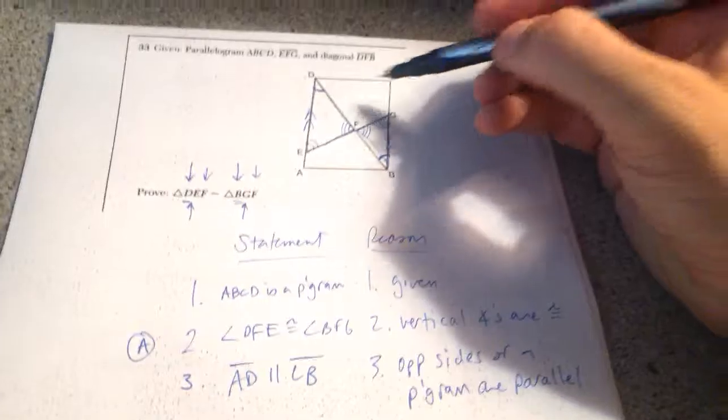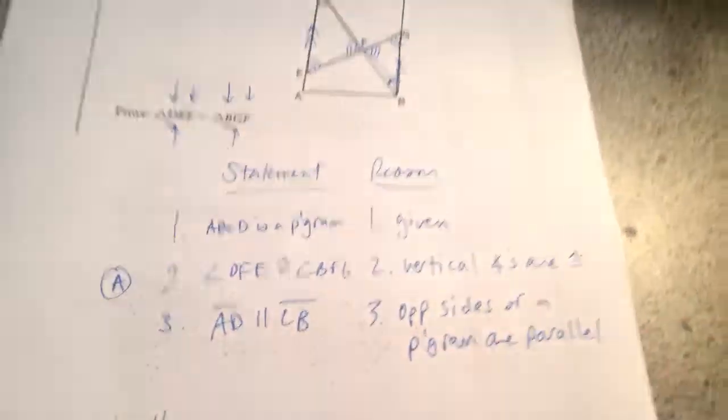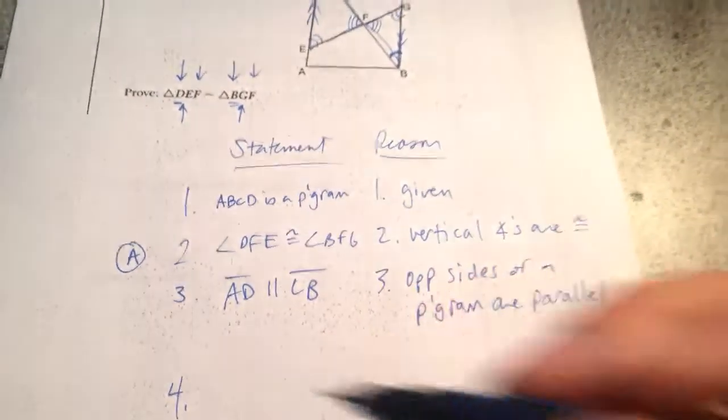Now, because DFB is a diagonal and EFG kind of acts like a transversal, I can actually put two statements together because of one reason.